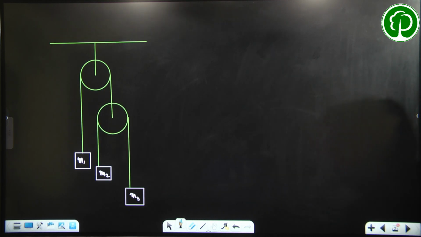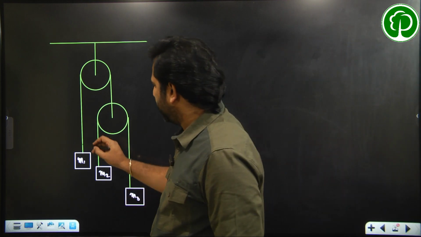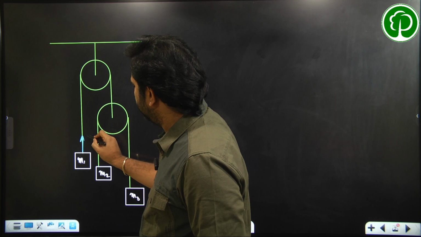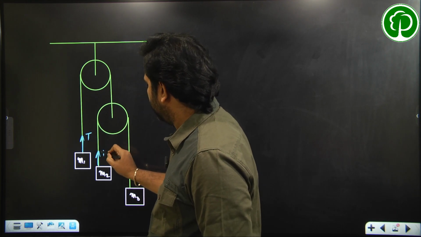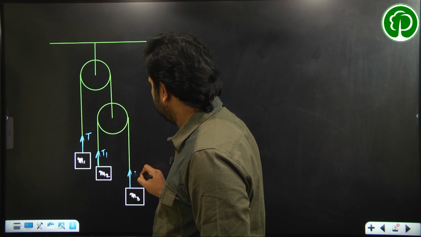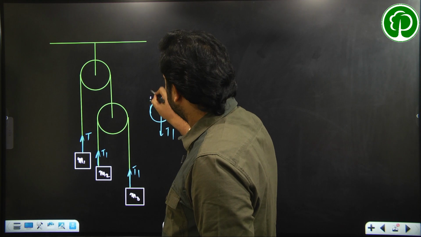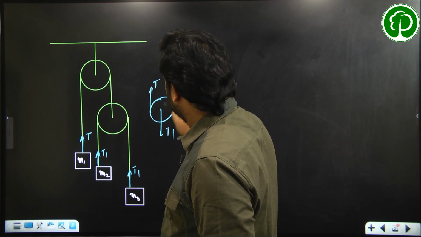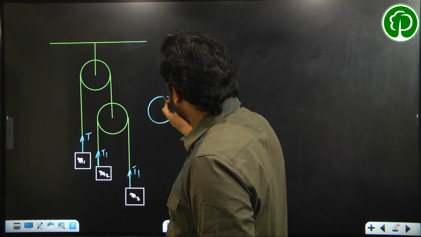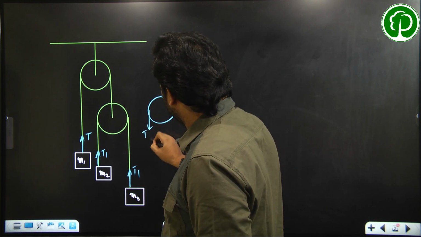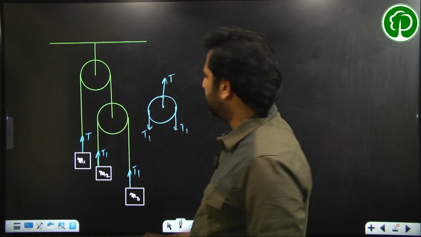So let us apply the same method here. In this case, I can take the tension to be T here, and the tension to be T1 here, and here also it is T1. If you draw the free body diagram of this pulley, you have T1 down on two sides and T up at the center.